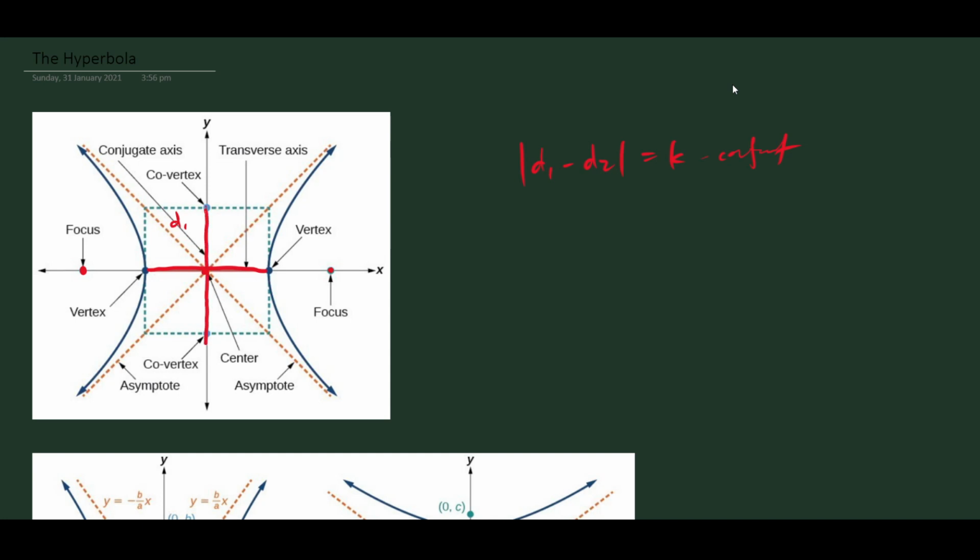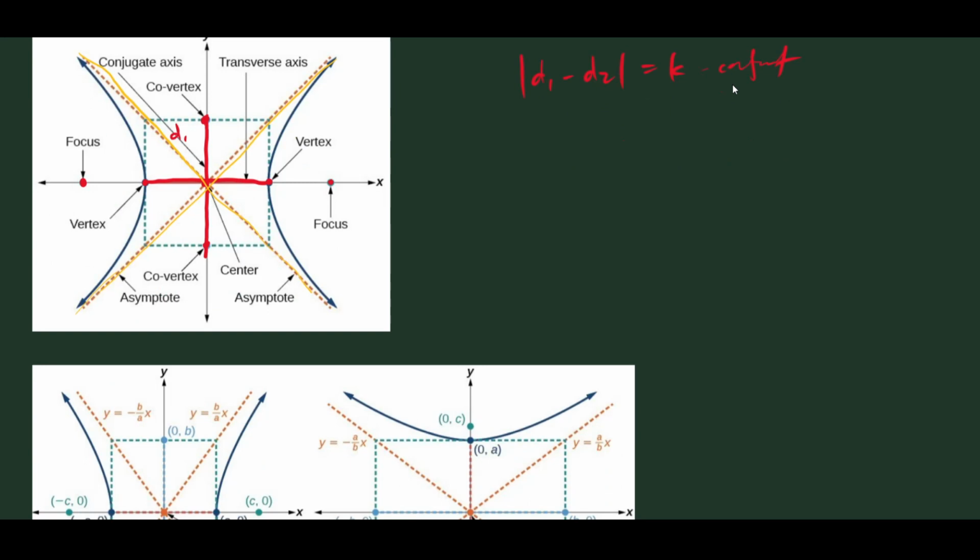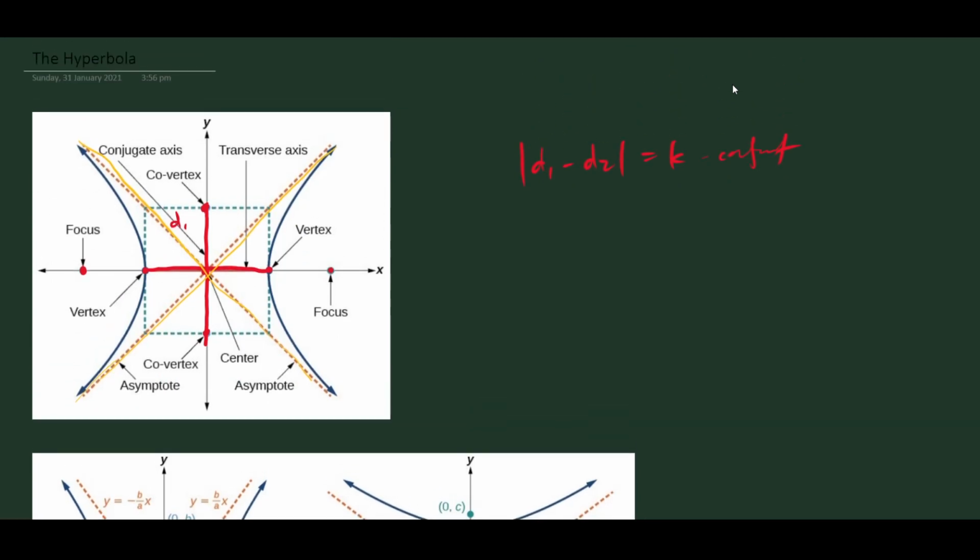The endpoints of the transverse axis are the vertices, as you can see here, and the endpoints of the conjugate axis are the co-vertices, as you can see there. Okay, and there are also asymptotes. Asymptotes are lines that our curve will never touch. They approach them but they never touch. So these two asymptotes right here, we can arrive at a formula for these asymptotes. So those are basically the parts of the hyperbola.